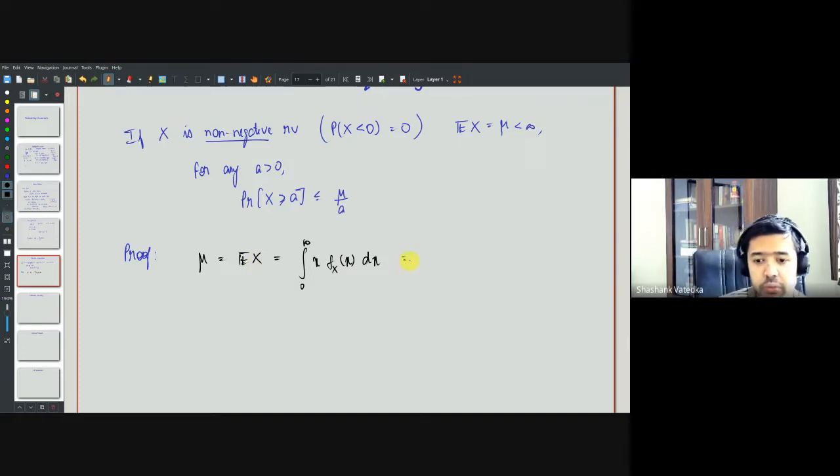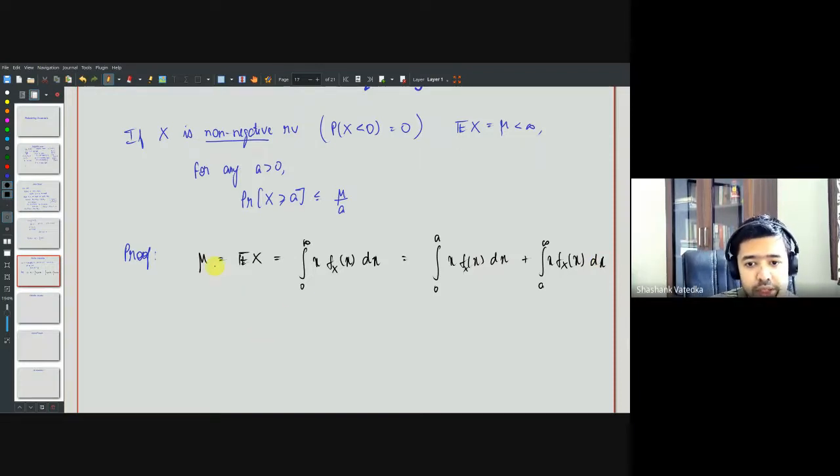Now, I'm going to split this integral into two parts. What I'm interested in is the probability that x is greater than or equal to a. So I'll split this into the integral from 0 to a of x times fx of x dx, plus the integral from a to infinity of x times fx of x dx. What I want is an upper bound on this.